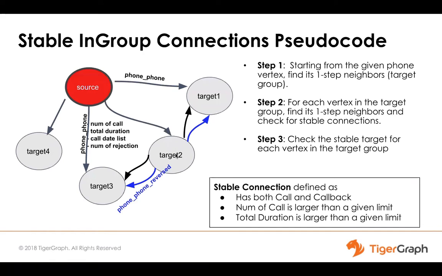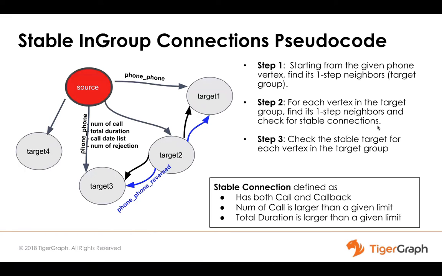Then we need to mark our targets, because those are the targets inside the target group. In the second step, we want to limit our traversals among the target group, because we are looking at in-group connections. So we need to give a label to each vertex to indicate it is in the target group.